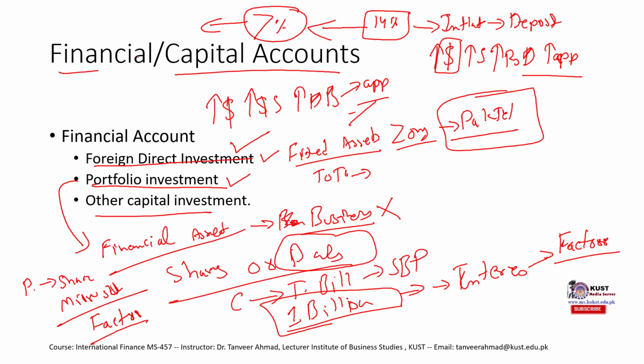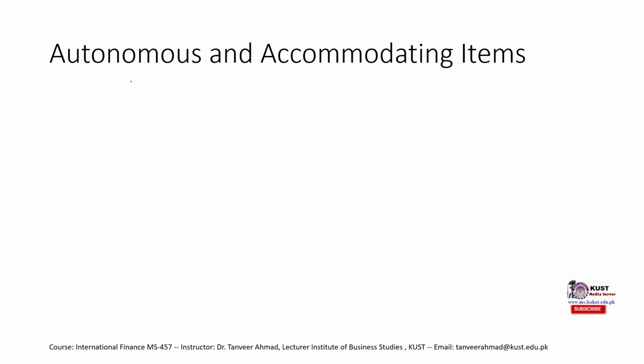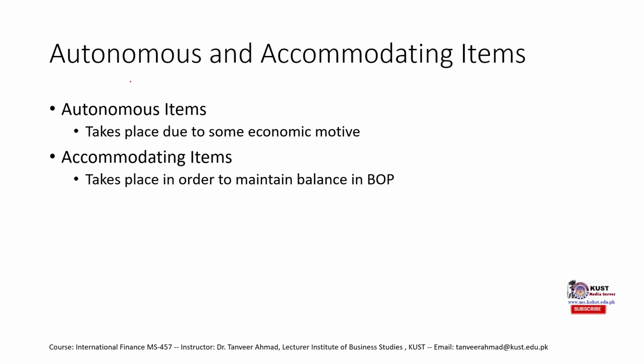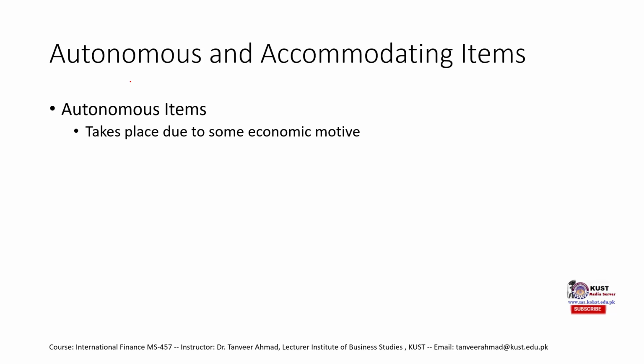So this is related to the financial and capital account, and there is one last aspect to this lecture, which is autonomous and accommodating items. So there are two types of items. One is called autonomous items that take place due to economic motives. For example, imports and exports. These take place due to economic motives to earn profit from buying and selling activity.